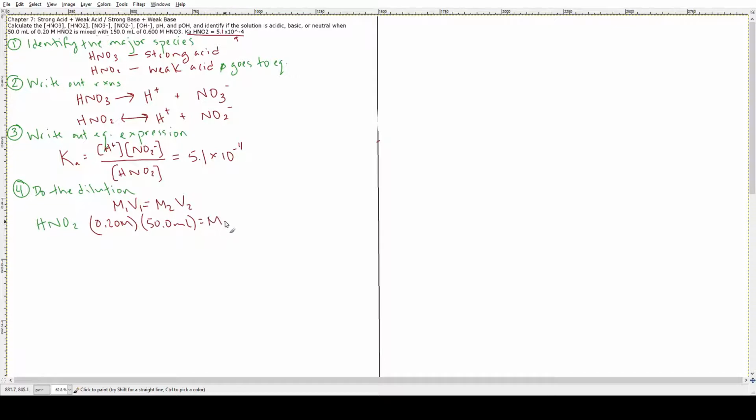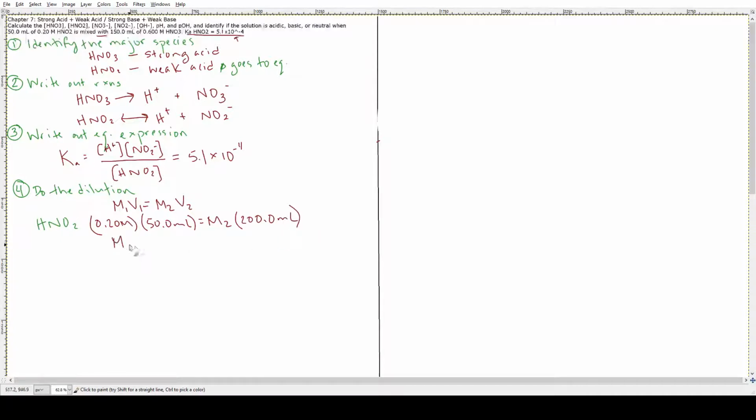We're finding a new concentration. Now let's figure out what its final volume is. It's mixed with 150 milliliters of 0.6 molarity HNO3. Do I add these volumes together, or is it just 150 milliliters at the end? The answer is you add them together. You're mixing 50 with 150, so you have 200.